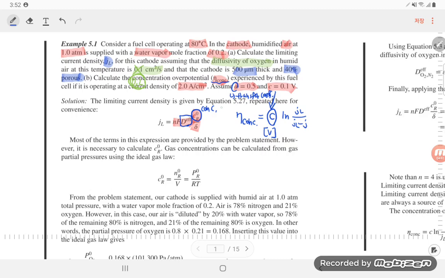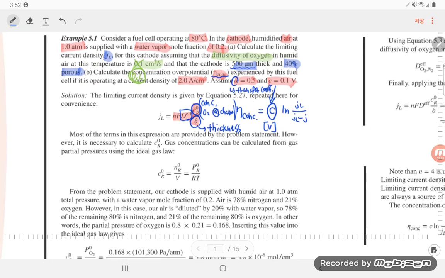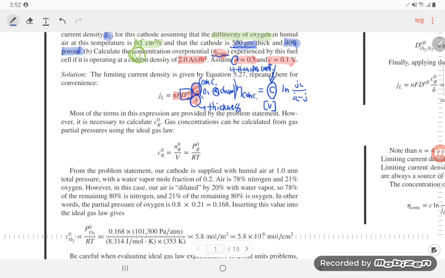So the concentration of oxygen at the flow channel. And what is delta? Delta is the thickness of the GDL, gas diffusion layer, including the catalyst layer. So this has a 500 micrometer value. Then let's calculate D effective and CR0 to obtain this one.